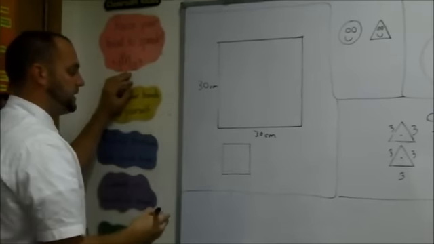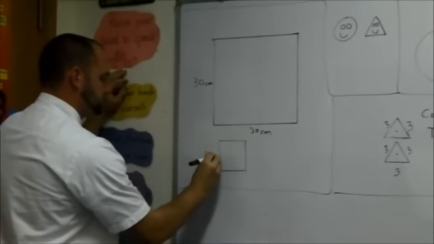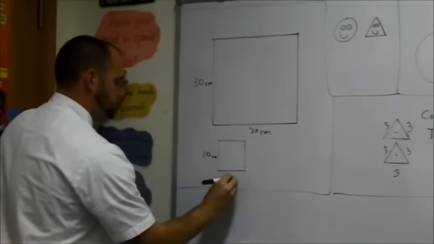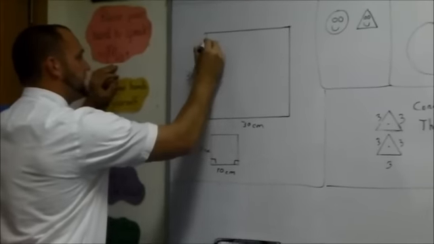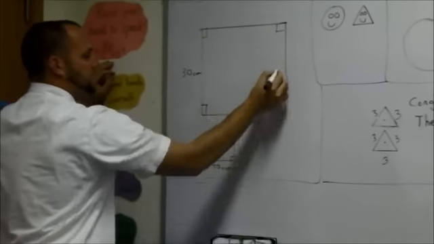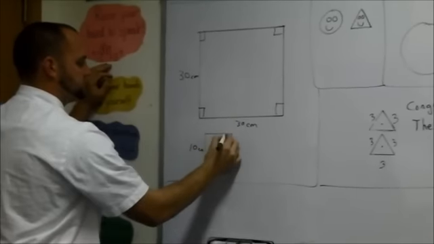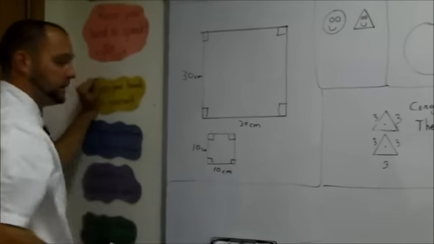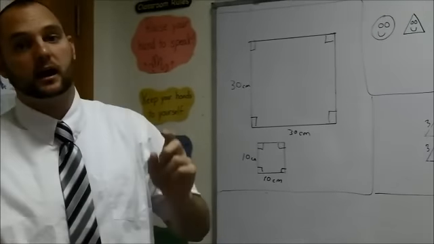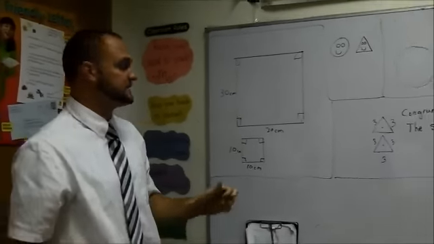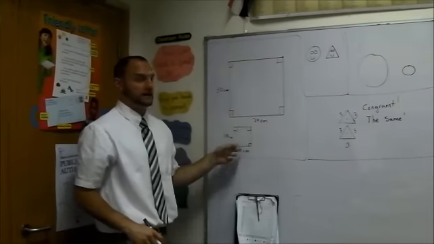And this square is 10 centimeters on each side. Both of these are squares. So what we would say about these two shapes is that they are similar. They have the same shape, but they are different sizes. They are not congruent because they are not exactly the same.